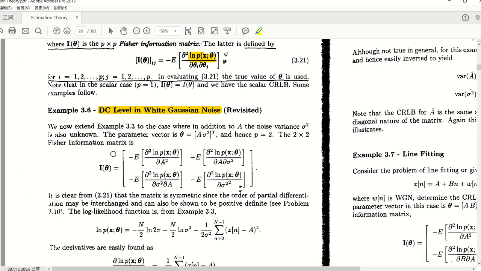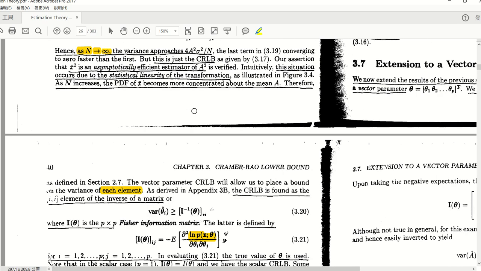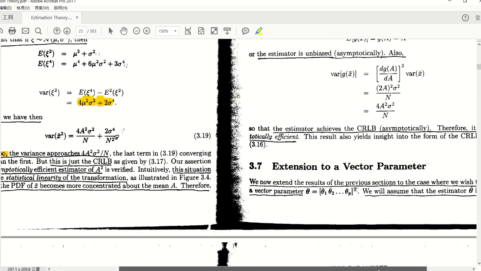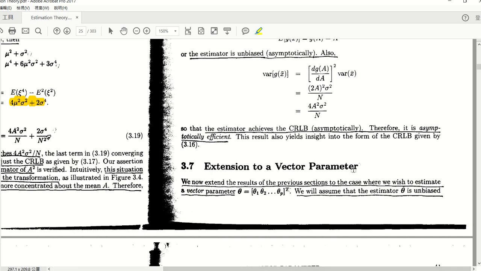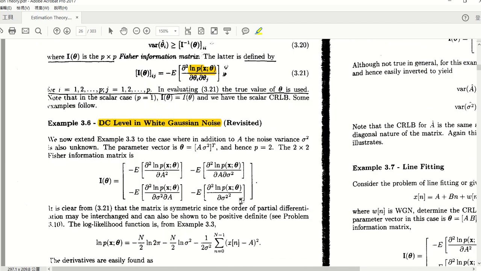Chapter 3. Okay, so we will extend this to the case where, in addition to A, the noise variance sigma squared is unknown. So now we have two parameters, so that's called a vector parameter. Let's go back a little bit. If we have a vector parameter, what that means is we have multiple parameters, and we just put them in vector form.